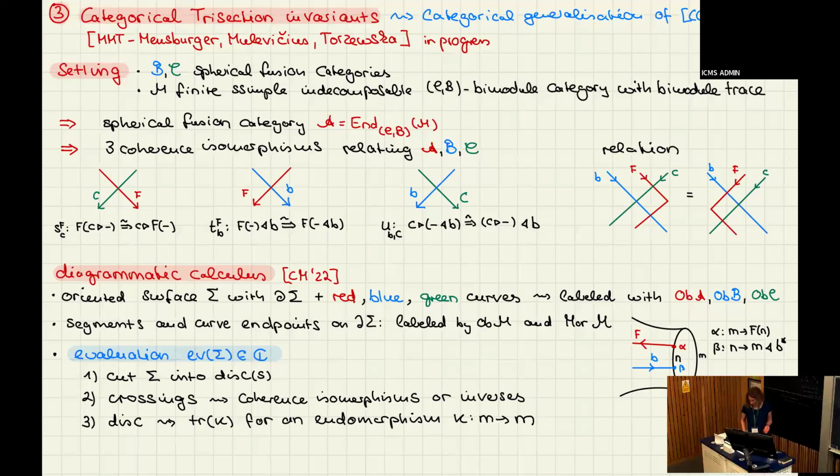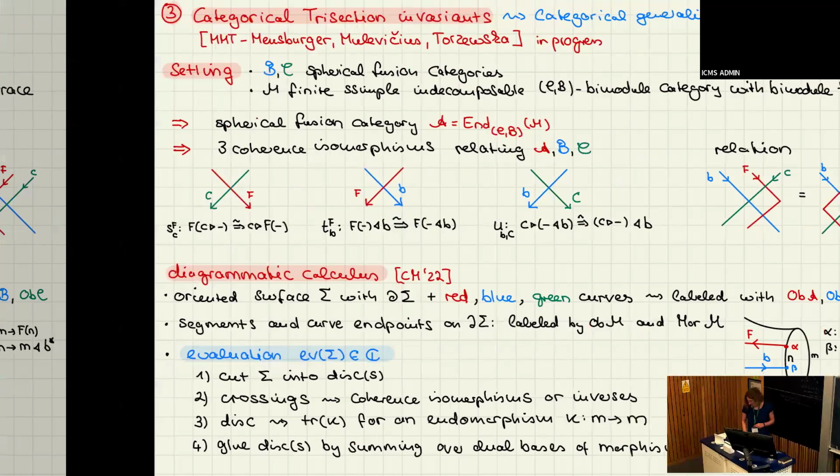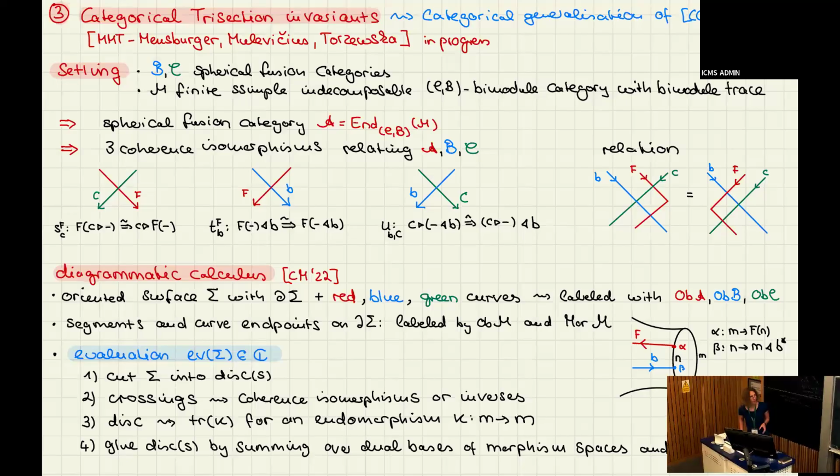And this disk can be evaluated to a trace of a certain endomorphism of the bimodule category. And then in the end, you have some identities to glue disks by summing over dual bases of morphism spaces, like the ones that are sitting here, and over the simple objects in the bimodule category. So these segments are then summed over the simple objects.